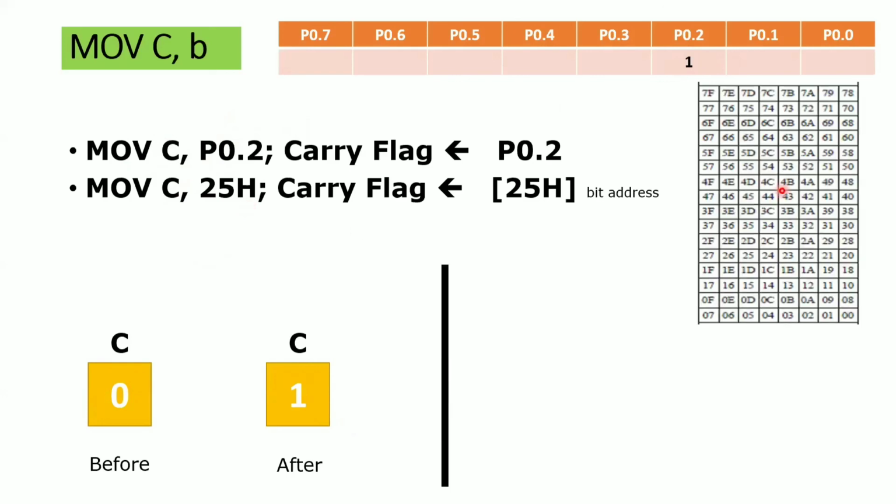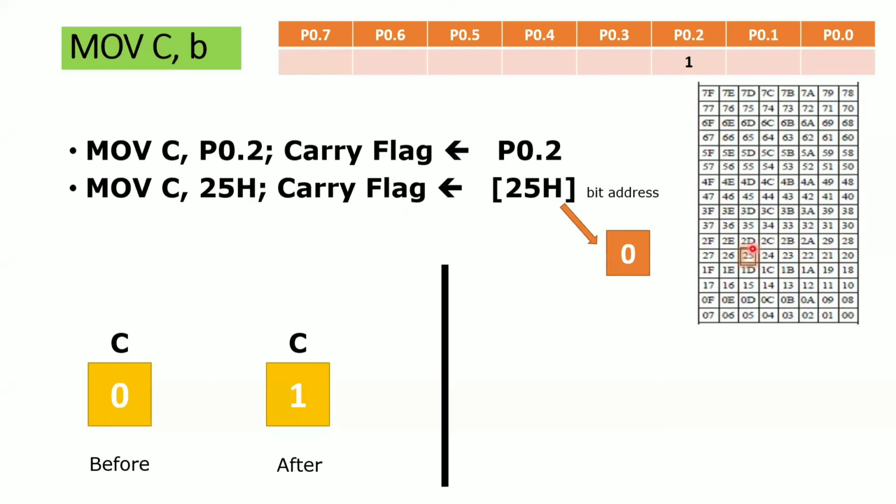Now take another example. This is your bit addressable RAM area, right? The bit addressable area consists of 00H up to 7FH. Now 25H, where is the 25H? Here. In this 25H we can store either 0 or 1, because it is a bit addressable area. Bit addressable area means we can access the individual bits of that particular location.